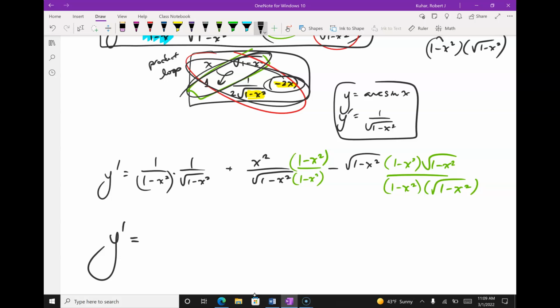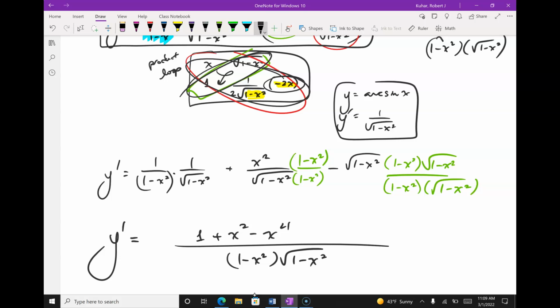Look at what I got. I've got a single denominator now. Every denominator is the same, and I just got to see what I have upstairs. So I got a 1, right? Plus an x squared minus x to the 4th minus a whole bunch of stuff. It looks like a 1 minus x squared quantity squared.